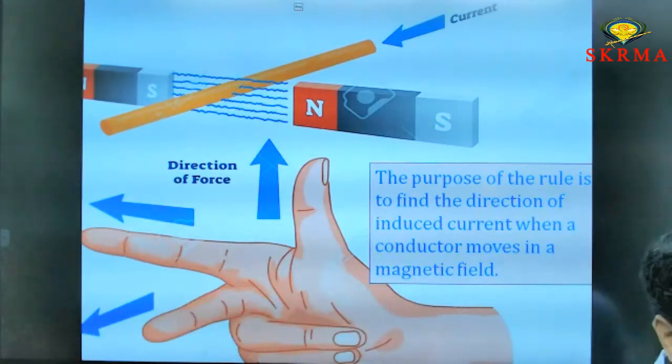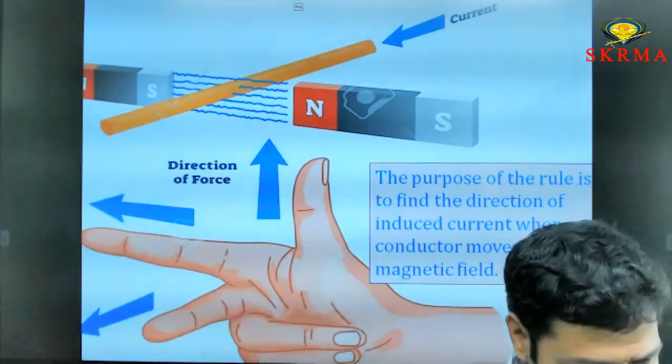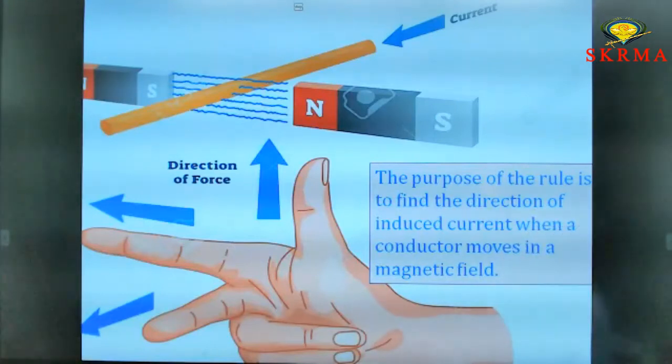The whole concept is about induced current, right? Induced EMF, induced current, electromagnetic induction. The total concept revolves around these three things: induced flux, induced EMF, induced current.